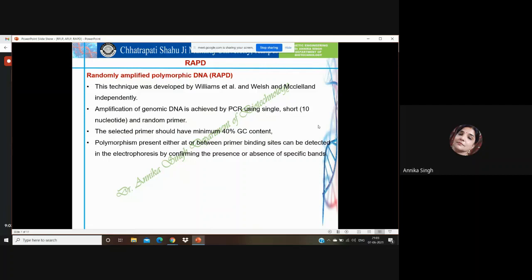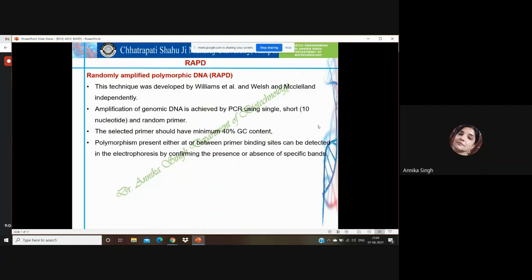In RAPD, amplification of genomic DNA is achieved by PCR using a single, remember, single short, approximately 10 nucleotide, random primer.